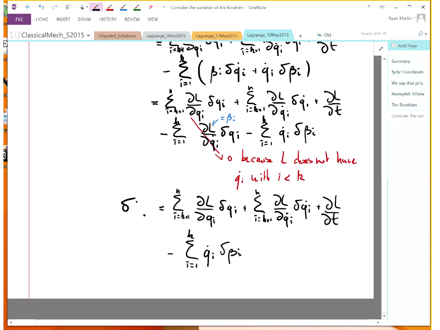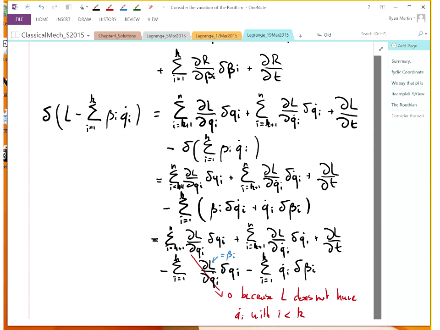So remember, that's equal to delta R. That's the delta R that I get when I write R as L minus the sum.